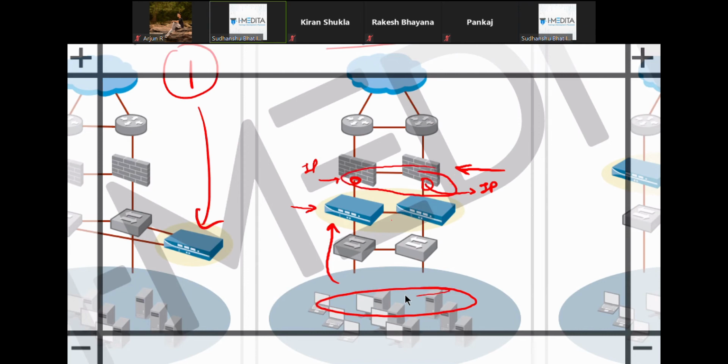Palo Alto is just transparently looking at all the traffic going back and forth, and you can slowly start utilizing the features of Palo Alto, like maybe adding App-ID along with the traditional firewall.